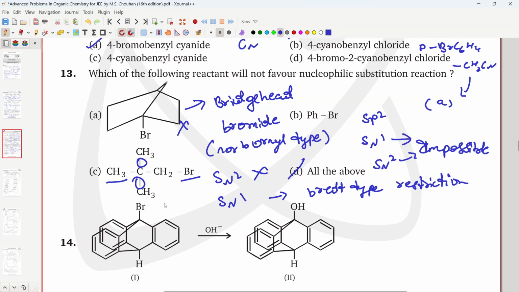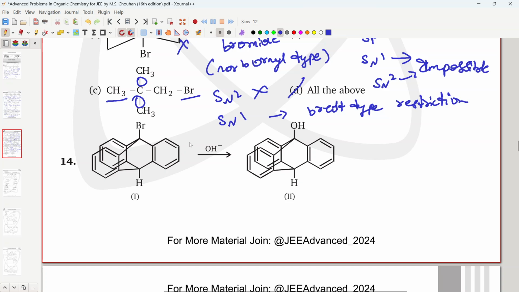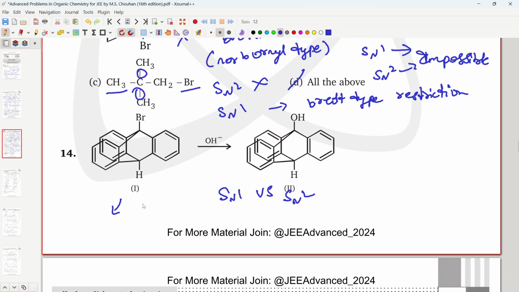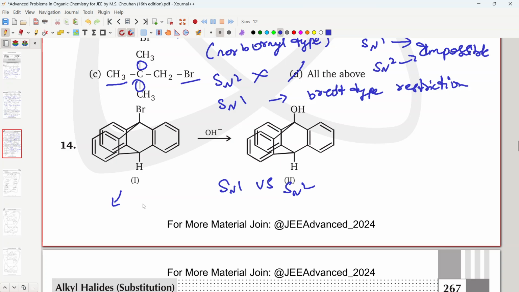Now for question 14. This is the famous SN1 versus SN2 trap question. The substrate given is a 9-bromo-9,10-dihydroanthracene type system. So the carbon bearing Br is extremely special. First question you have to ask: is SN2 possible?